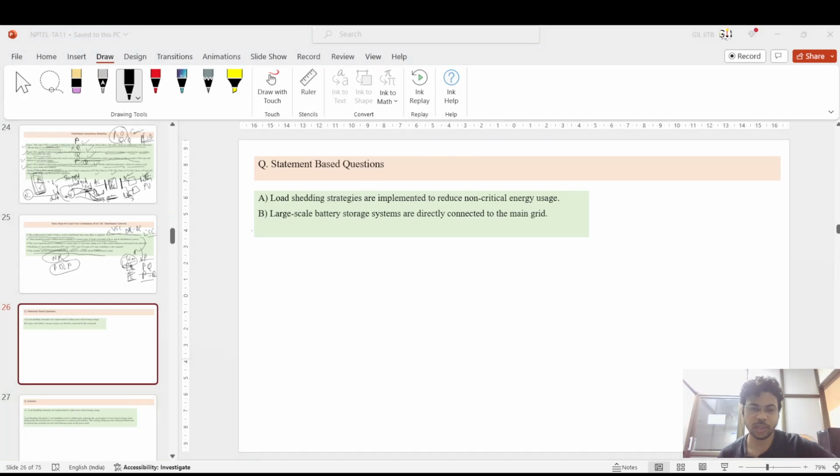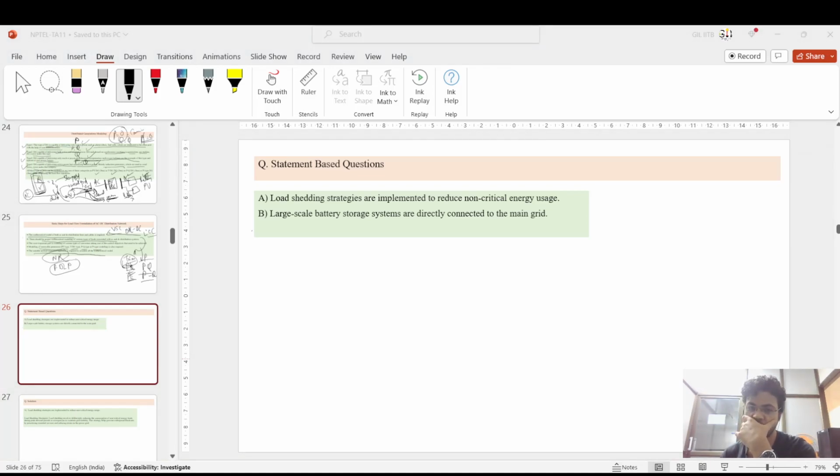Okay, these are statement based questions. Just solve them and check which statements are actually correct and which statements are false. I will explain the reason. These are basic questions, but you have to check before going to the exam.